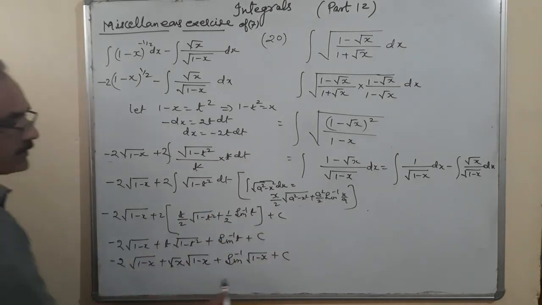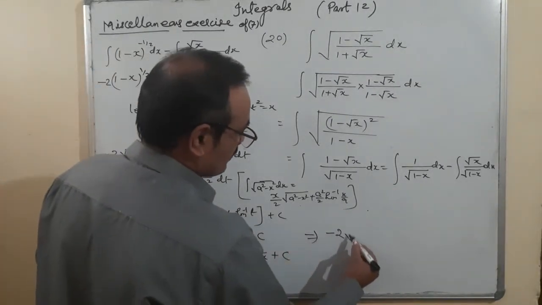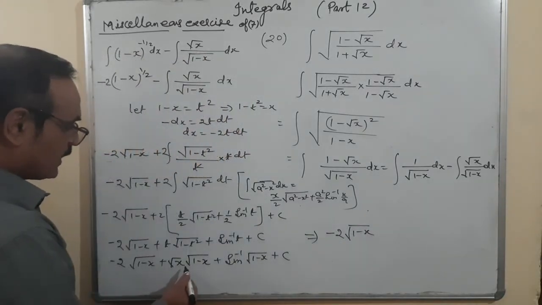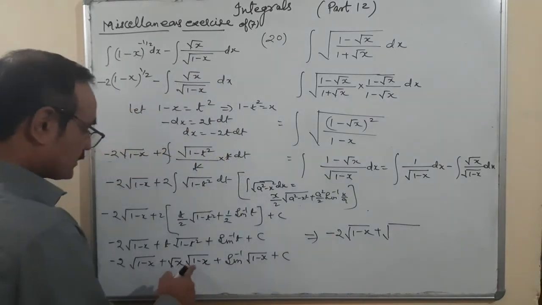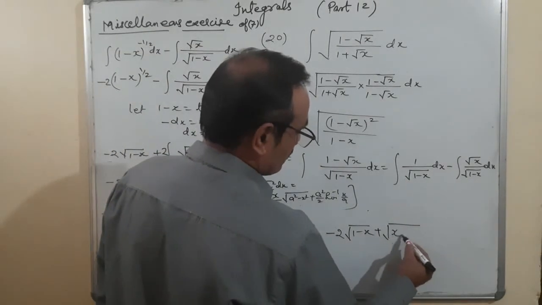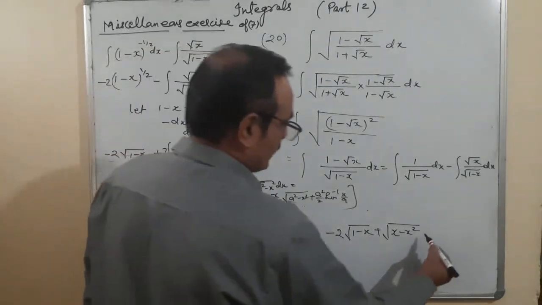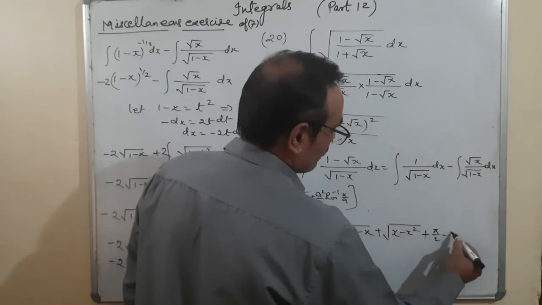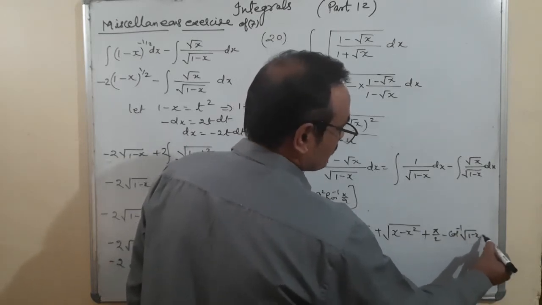So what is that term? If I write in this format, minus 2 root 1 minus x plus root x and 1 minus x, we can write in complete one root. It is x minus x square, or x times 1 minus x, and plus this I can write here pi by 2 minus cos inverse under root 1 minus x plus c.